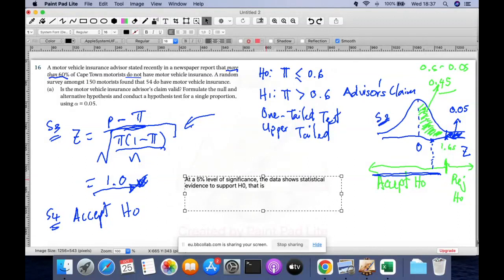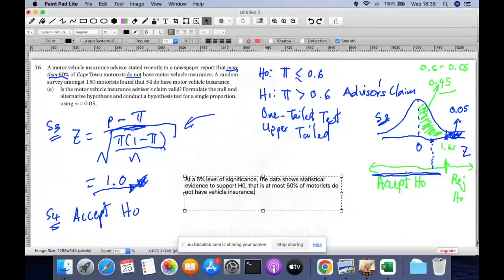So that is, less than or equal to means at most. Nothing more than that. So we said that is at most 60% of motorists do not have a vehicle insurance.